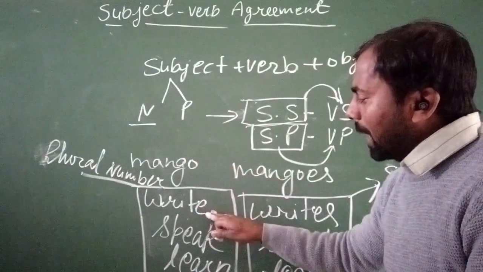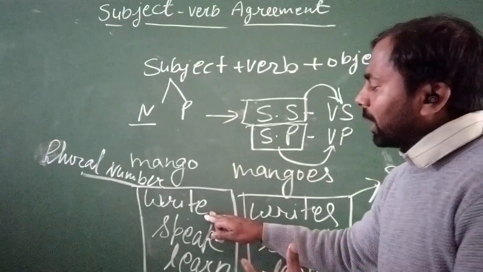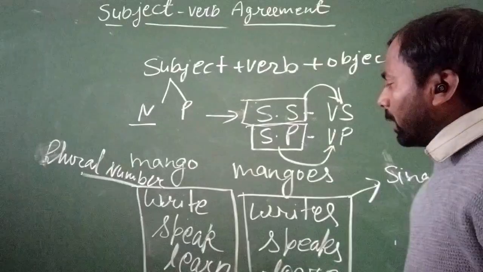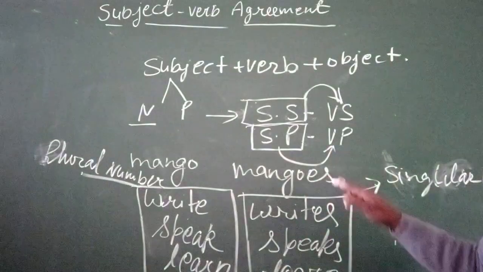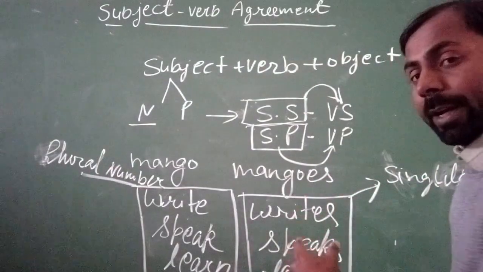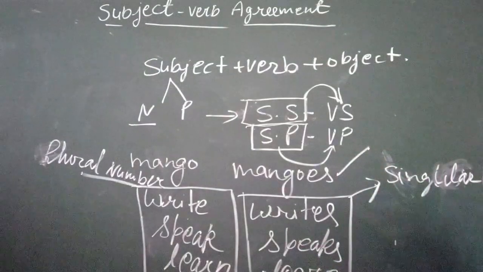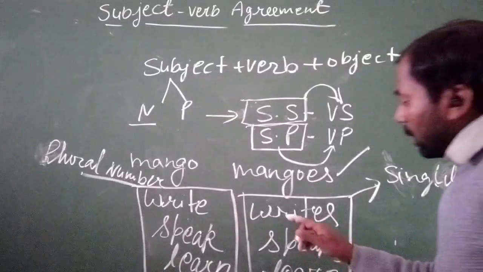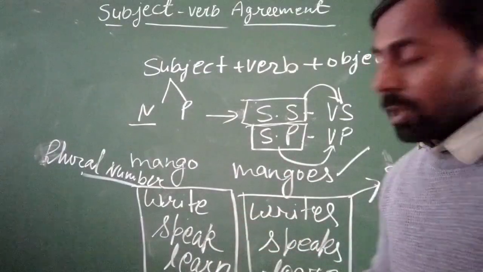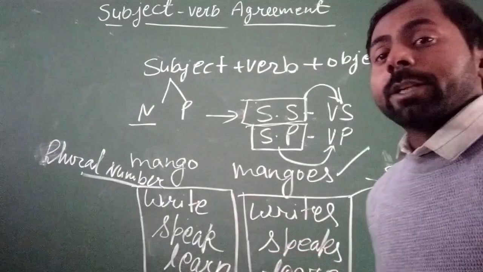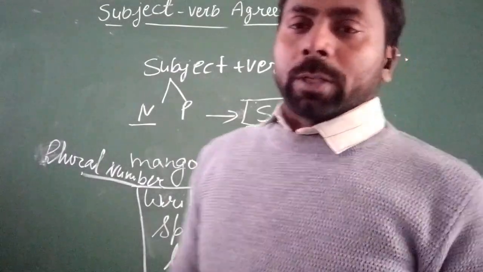But if your verb has not s or es, then it will be the plural number. And if your noun word has s or es, then it will be the plural number noun word. And if your verb has s or es, then it will be in a singular number. It is the opposite of the noun words.